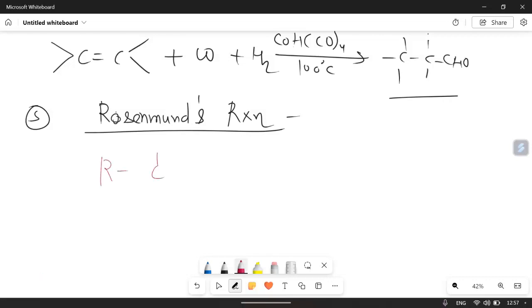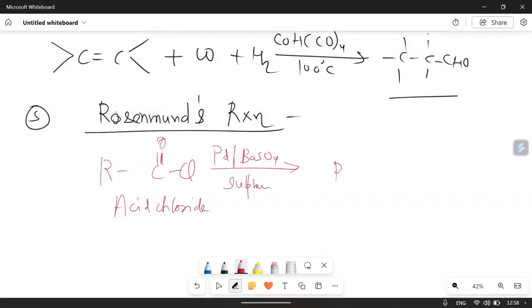So RC double bond OCl, acid chloride, in the presence of Pd/BaSO4, in the presence of sulfur, that will give aldehyde along with HCl.